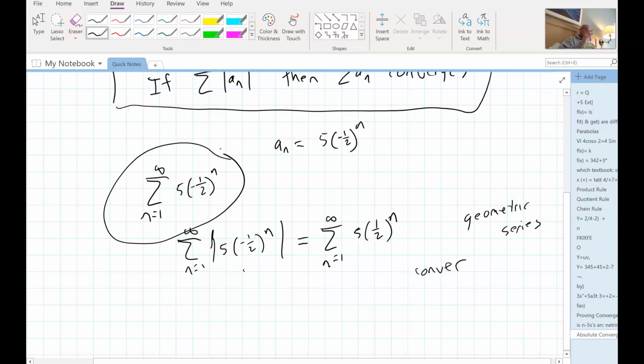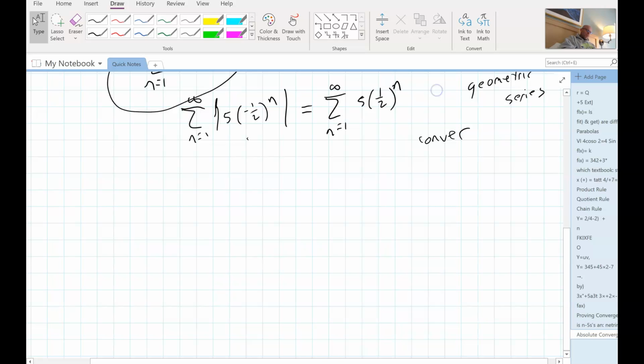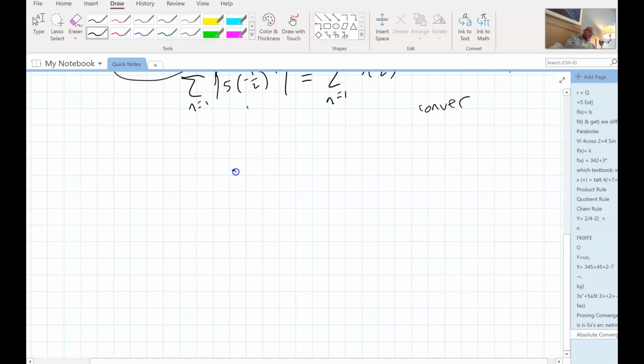Now, the key thing to remember about this test is it only shows convergence. There's no such thing as absolute divergence. So in other words, if I'm looking at a series like this, and I find out that this series diverges, that doesn't tell me anything about this one.